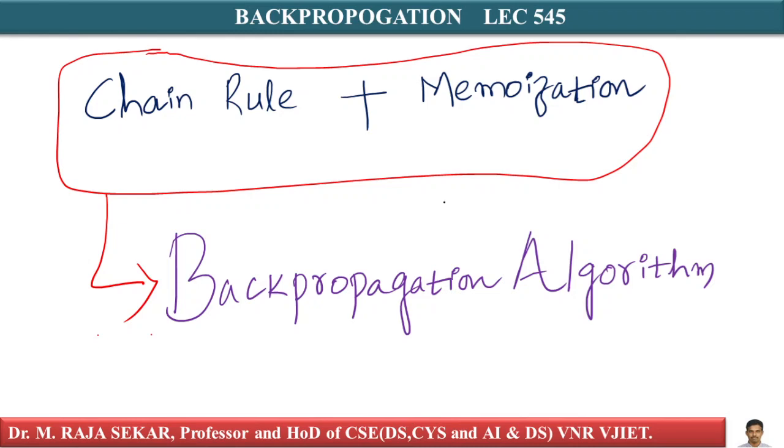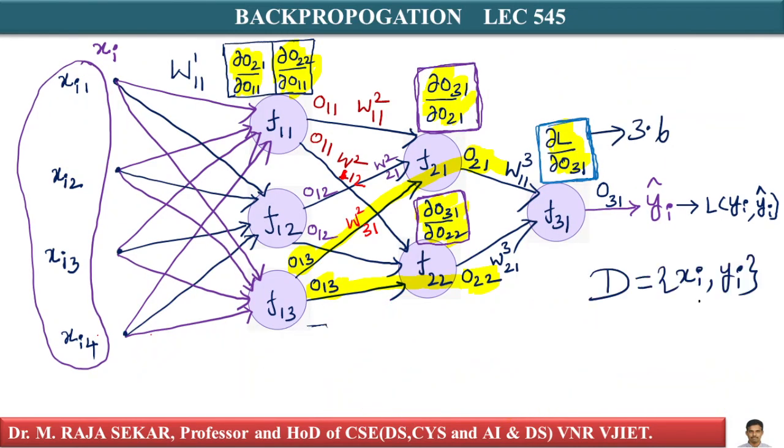Let's understand one of the most important algorithms in the whole of deep learning, called the backpropagation algorithm. Imagine we are given a data set, capital D equal to xi comma yi.